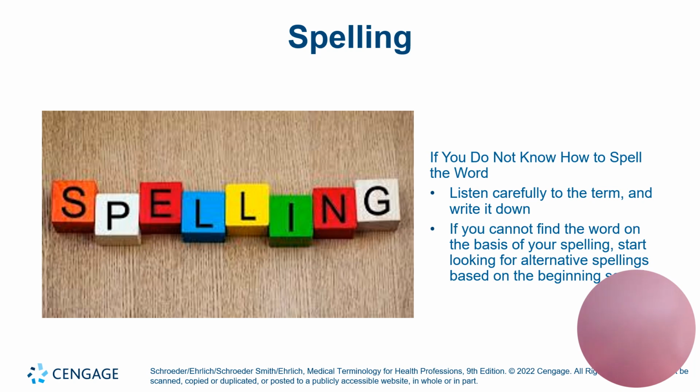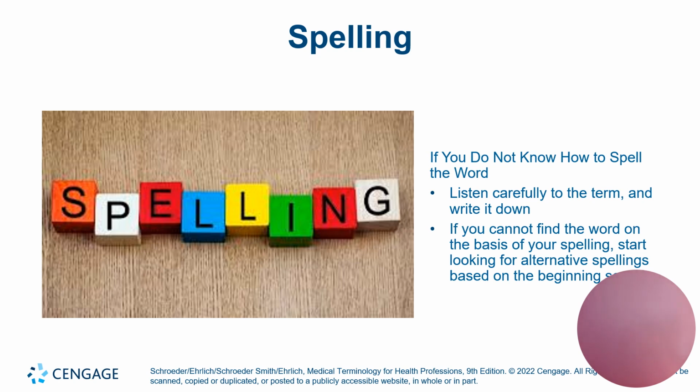An S sound might begin with a C or a PS, such as psoriasis, which is PSO, or an S. And a Z sound may begin with an X or a Z. Accuracy in spelling medical terms is really important because changing just one or two letters can actually completely change the meaning of a word. And this difference literally could be a matter of life or death for the patient.